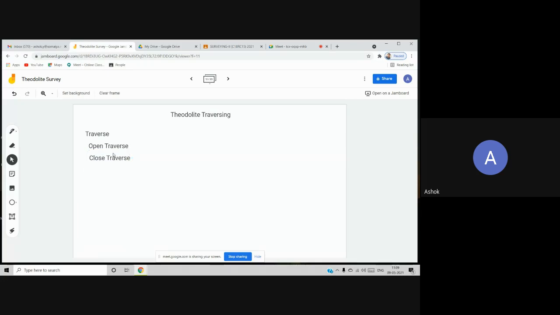So I think in some of the previous classes I have also discussed the traverse. Can anyone define or just state what is a traverse? What is a traverse? Any idea? Traverse is a series of interconnected lines.